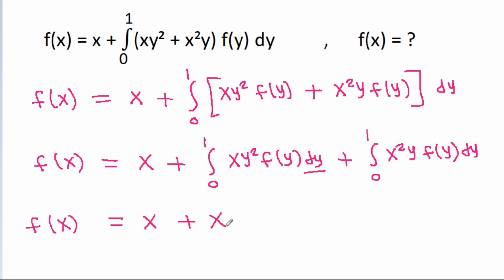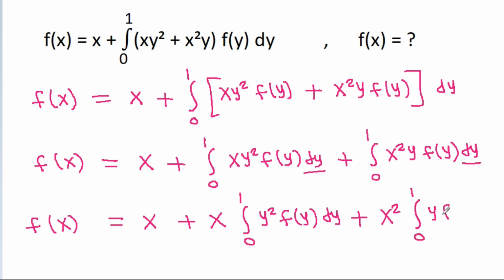It is x times the integral from 0 to 1 of y square f(y) dy plus, and here also we have an integral in y, so we can take x square out of the integral. It is x square times the integral from 0 to 1 of y f(y) dy.